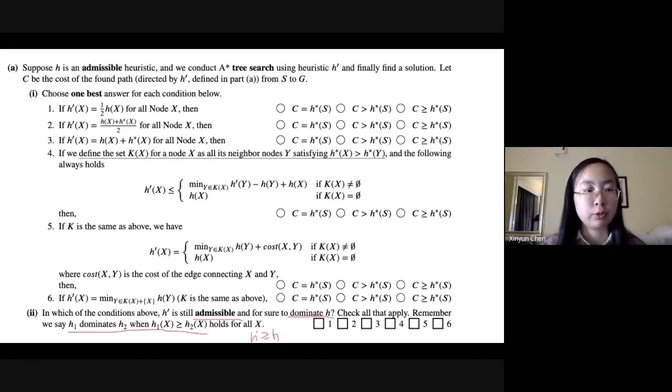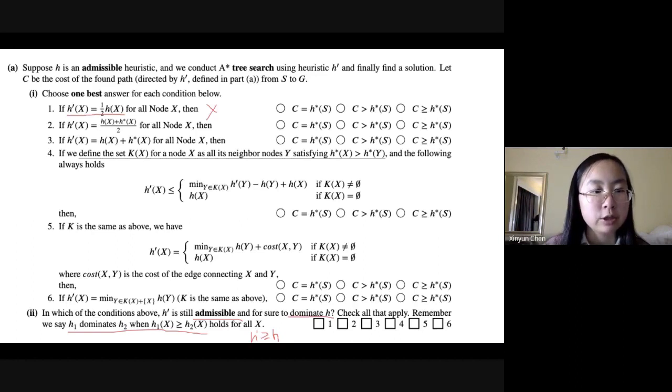So recall that when we try to show these heuristics are admissible, like for the first heuristic, we want to prove that h prime is always not greater than h. So definitely this is not the answer.